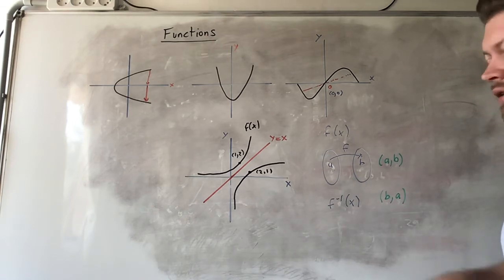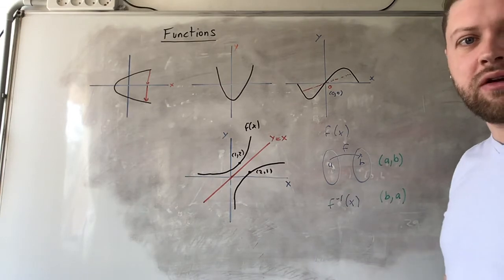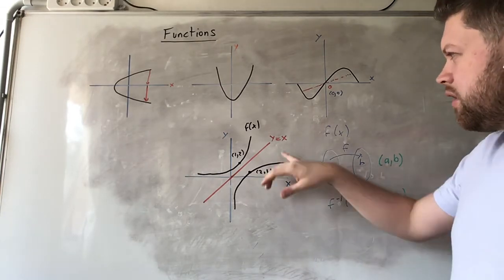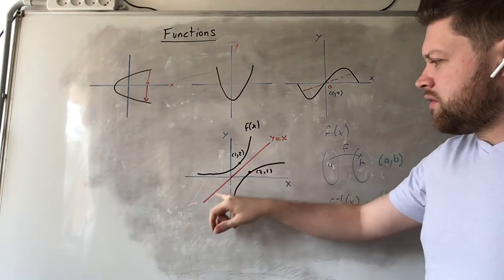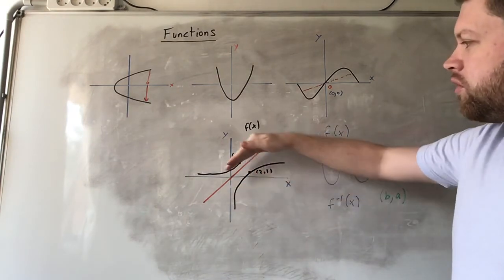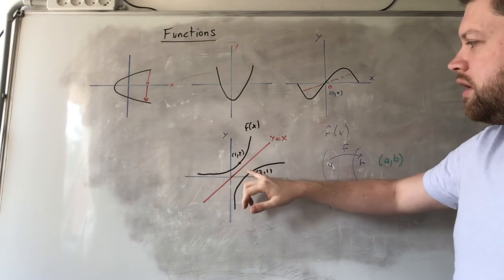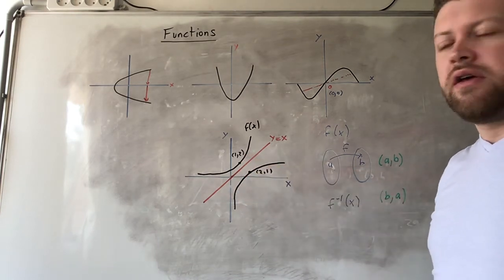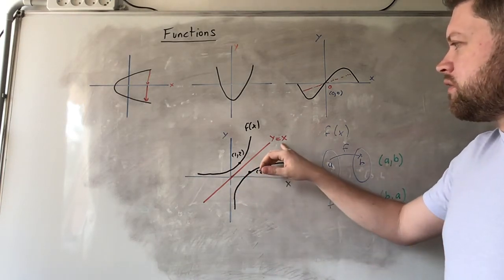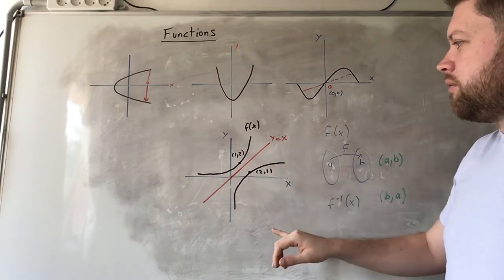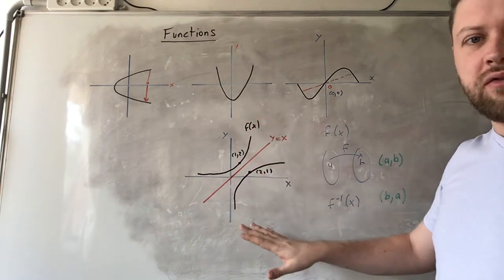Well, if you look at this graphically, on a graph, this line y equals x is special because when you cross this line in a symmetric fashion, in its mirror image across this line, what this serves to do is swap the x and the y. So look at this for a moment.